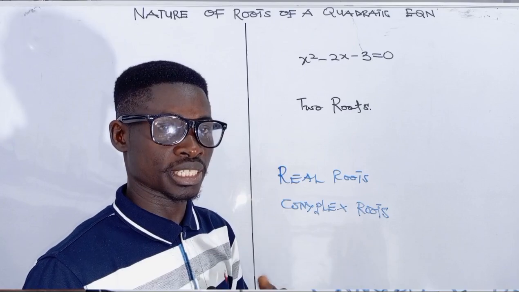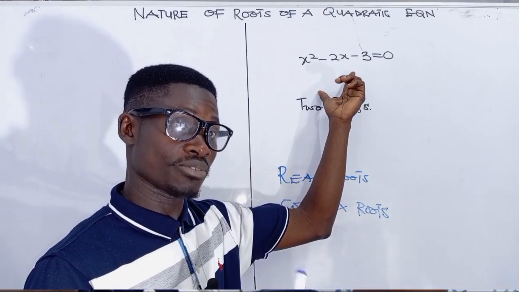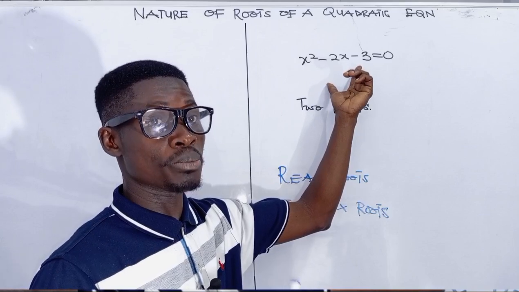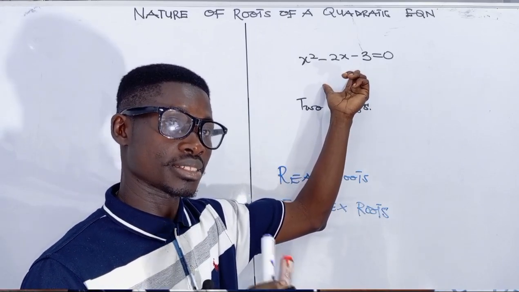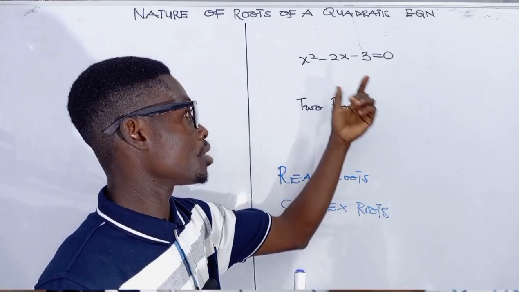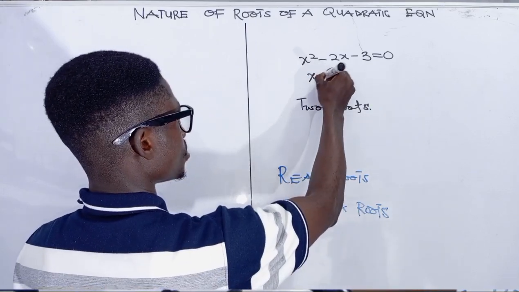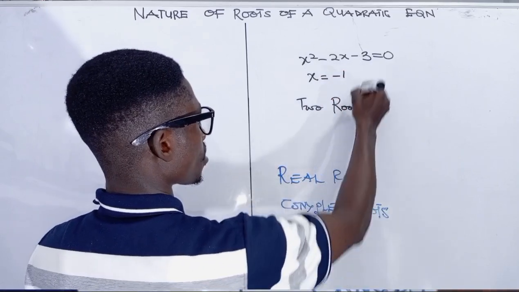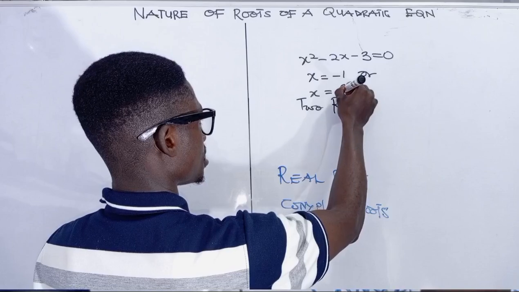We can use the factorization approach, the quadratic formula, or completing the square. All of these methods are going to give us the same answer. So when you solve this quadratic equation, you are going to have x equal to -1 or x equal to +3.